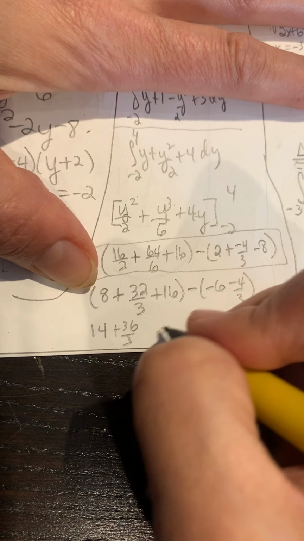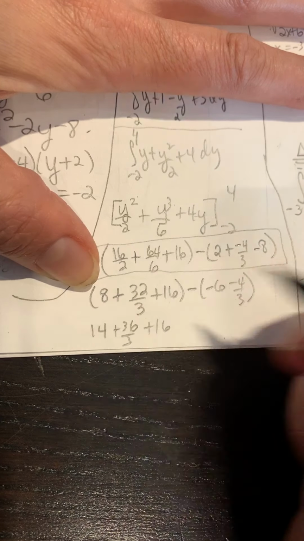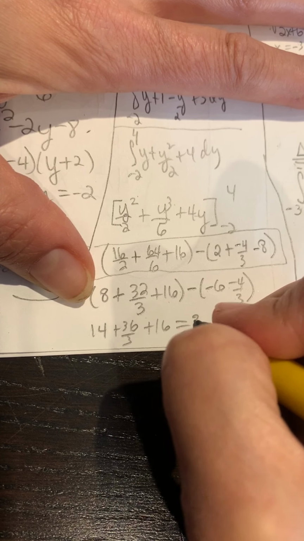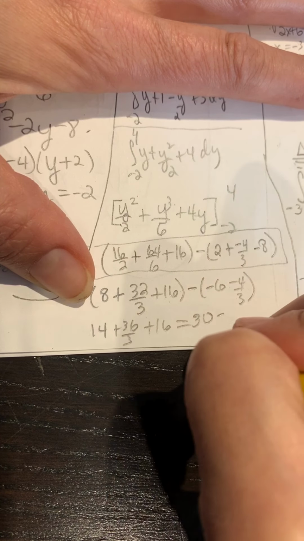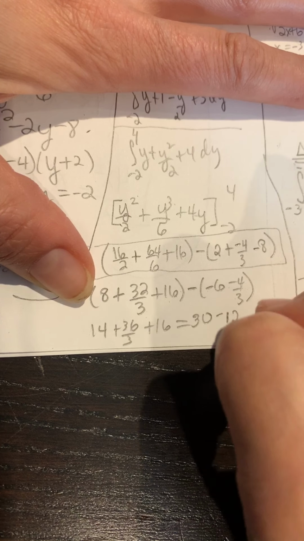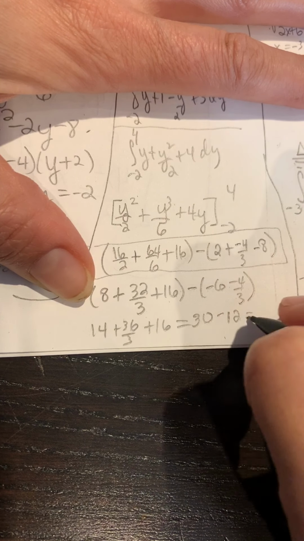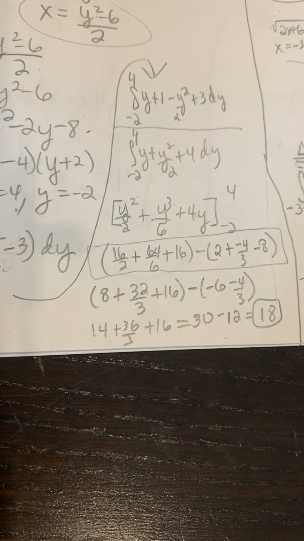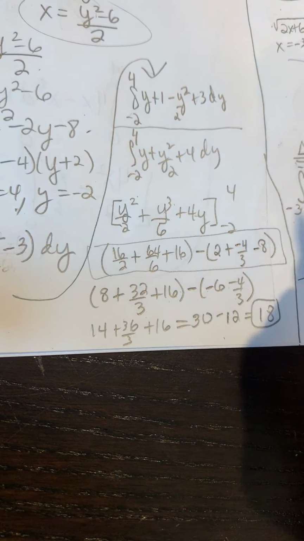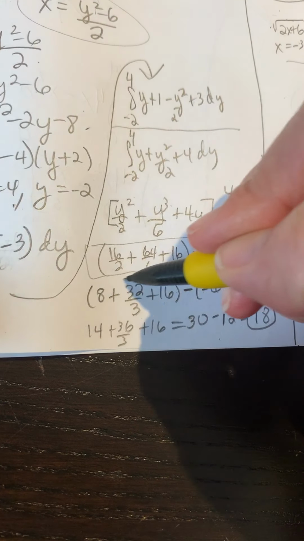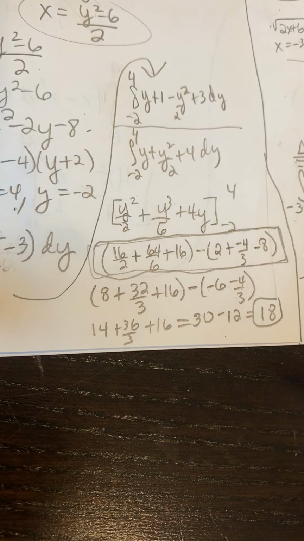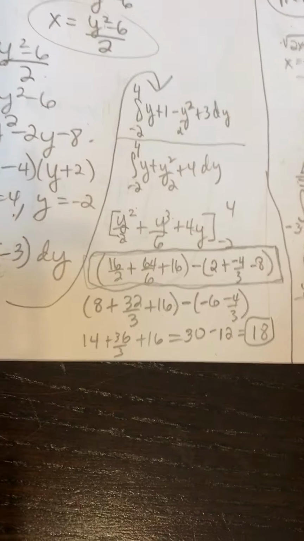And then 16. Oh, I could have combined that. So then that's 10, 20, 30 minus, then 20, so that's 18, and the answer is 18. But like I said, you are actually done once you plug in. You could have just moved on to the next. It's a good habit; those multiple choice questions aren't normally done that way.